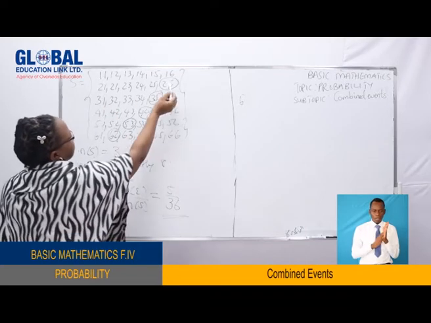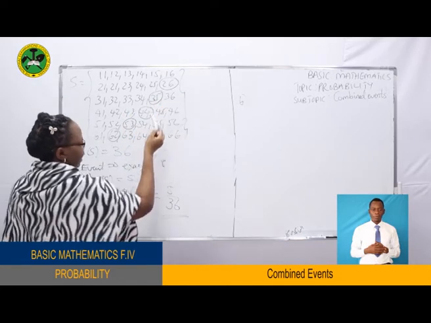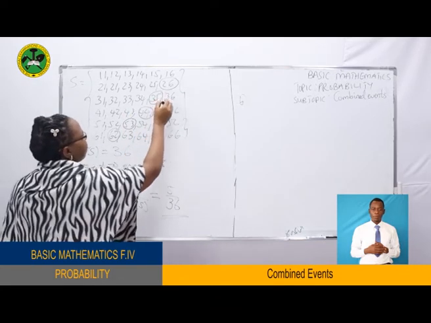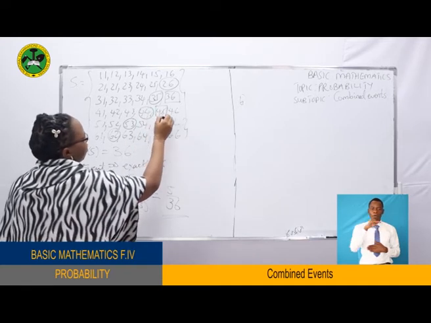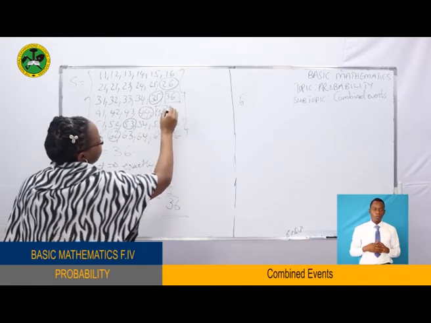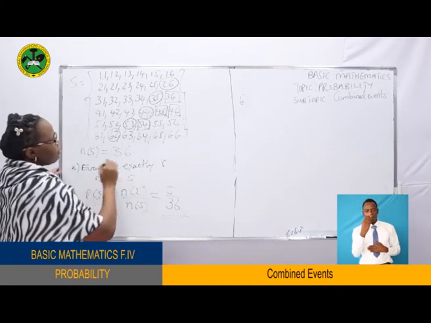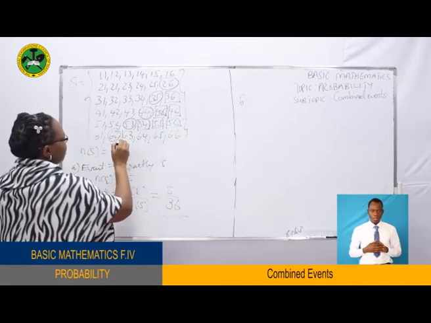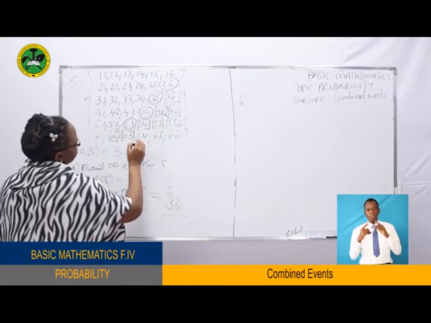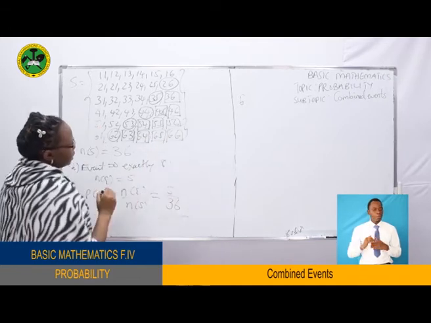Then we start counting. On the first row, there is no number, even on the second. But on the third, we have this one, 3 plus 6. We have 4 plus 5, 4 and 6. We have 5 and 4, 5 and 5, 5 and 6, 6 and 3, 6 and 4, 6 and 5, 6 and 6.